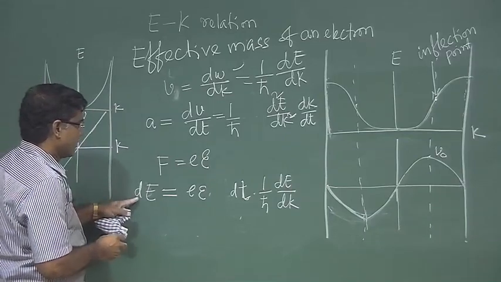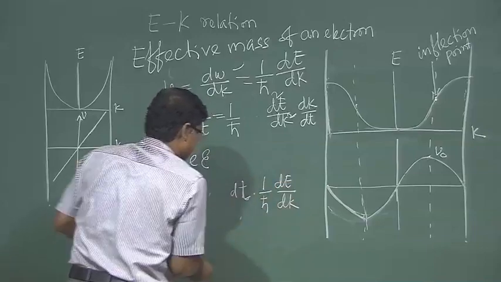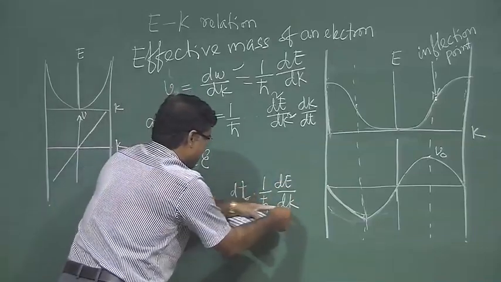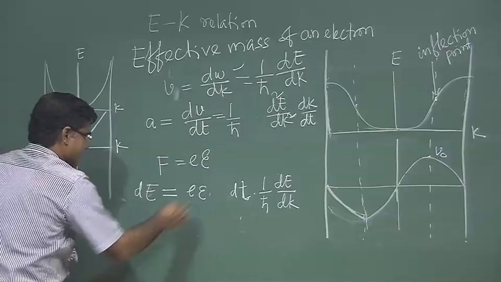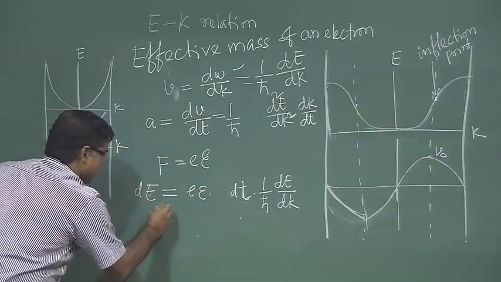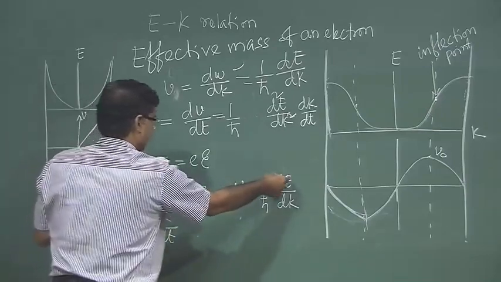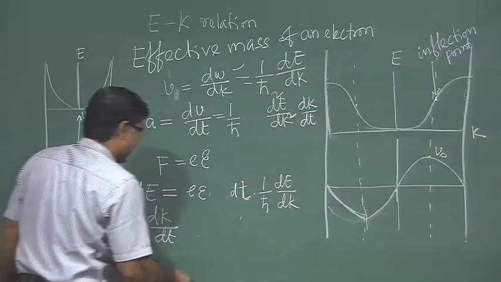So, what are we getting? dE equal to this dE, basically dt by dk. So, if you take this side, dk by dt, right. So, del E by del E is 1.